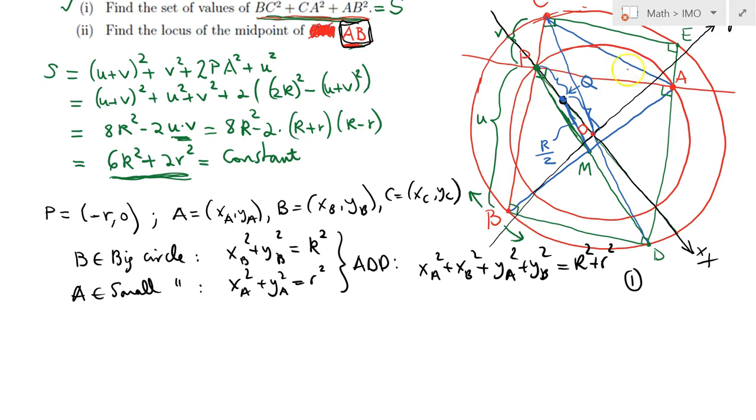All we do is find their slopes, and their product should be equal to -1. So let's start with the slope of BP.